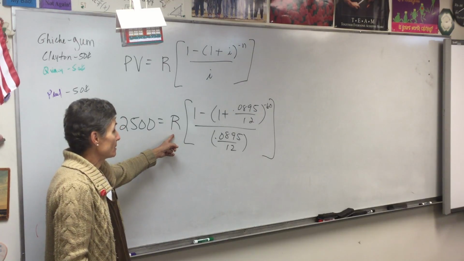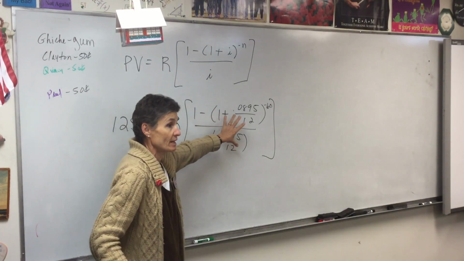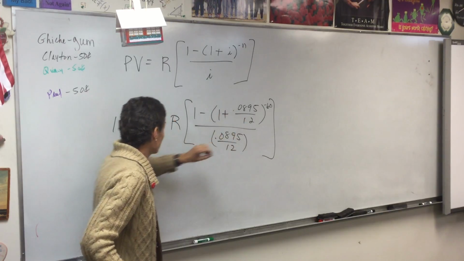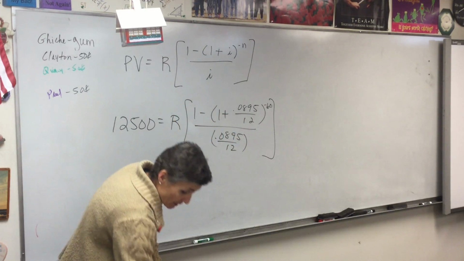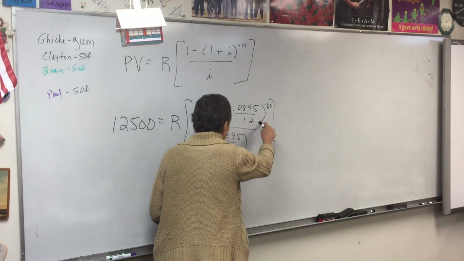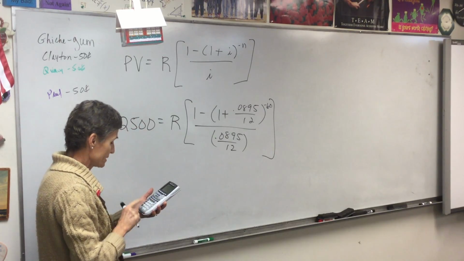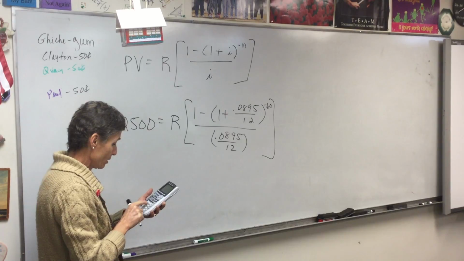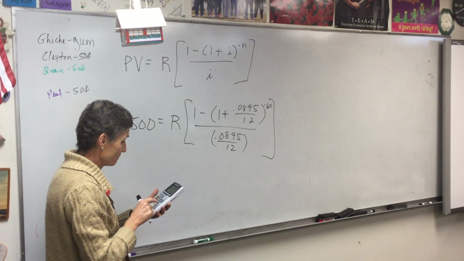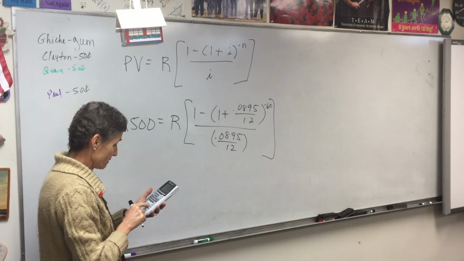Now, to get R, don't I just need to divide 12.5 by that thing? Right? So I just need to get that typed in my calculator and then divide that number by it. So again, when I type this into my calculator, I type in the numerator exactly the way I wrote it. 1 minus parentheses, 1 plus 0.0895, close divided by 12, close parentheses, raised to the negative 60th.